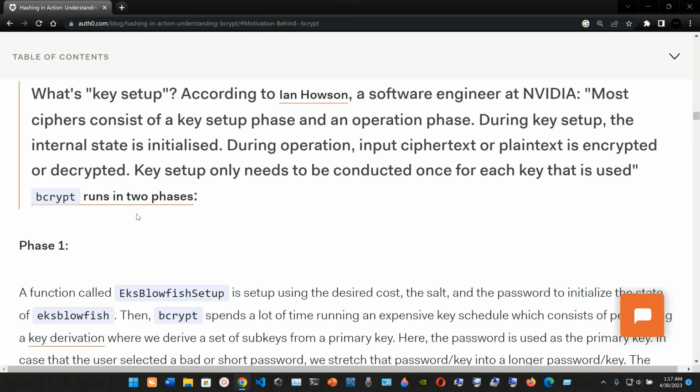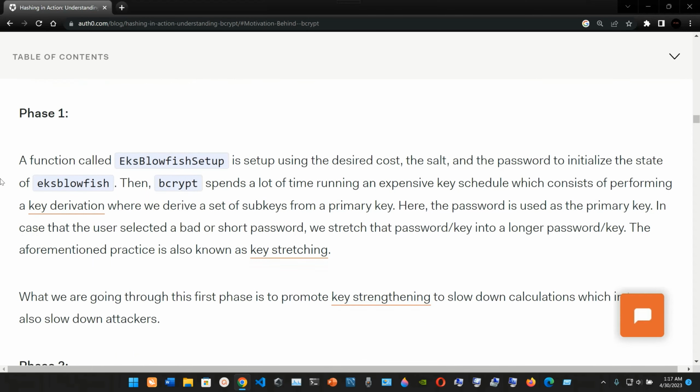Bcrypt runs in two phases. Phase 1: a function called EksBlowfishSetup is set up using the desired cost, the salt, and the password to initialize the state of EksBlowfish. Then Bcrypt spends a lot of time running an expensive key schedule, which consists of performing a key derivation where we derive a set of subkeys from a primary key. Here the password is used as the primary key.